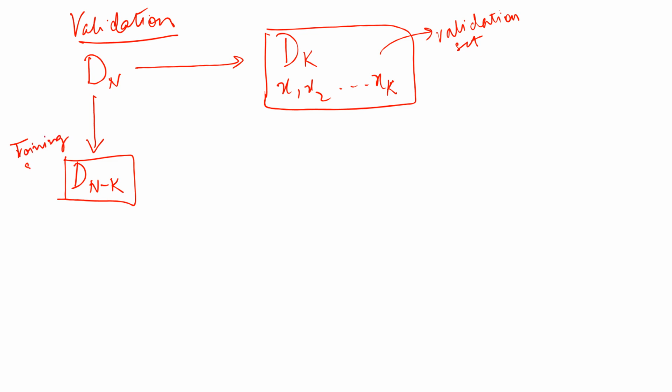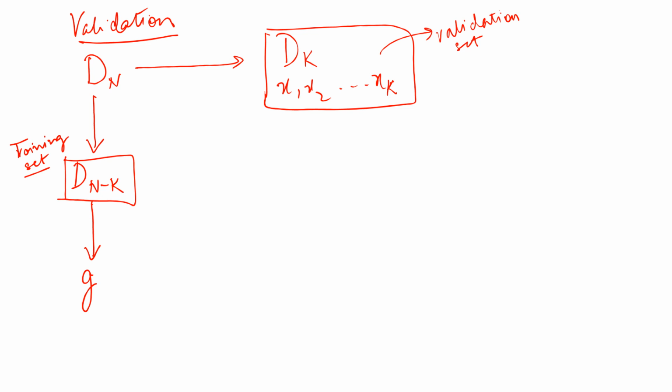So why is this the training set? That's because I'm going to train my algorithm using this data, D_n minus k. And so I'm going to get my final hypothesis g using this n minus k data. Of course, this is different from the g that we've been using until now, because we've been assuming that g is based on the entire data set, which is not the case here.